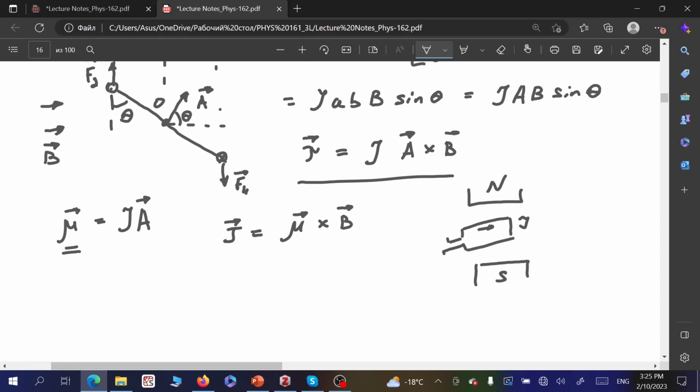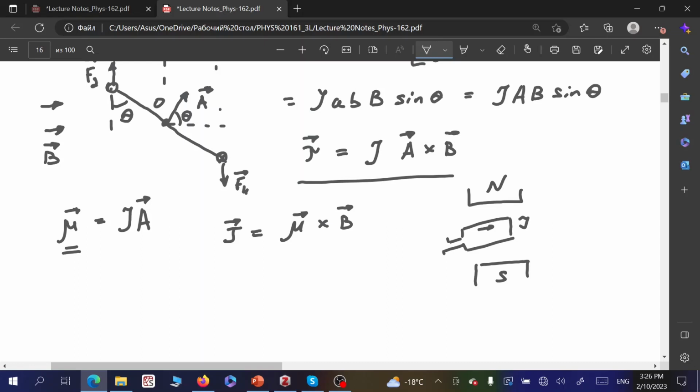Another possible application is quite common, and there are still such devices. Most devices are now digital, so they use different principles. But the most straightforward way to measure the magnitude of electric current is to use an amperemeter based on this effect of exerting torque on a closed loop in uniform magnetic field. So imagine that you want to measure current in some electric circuit.